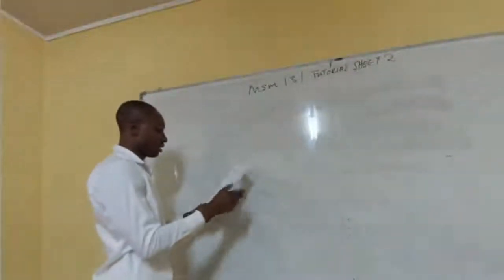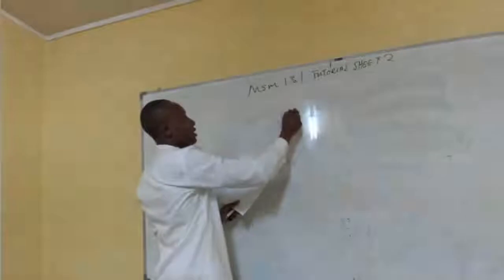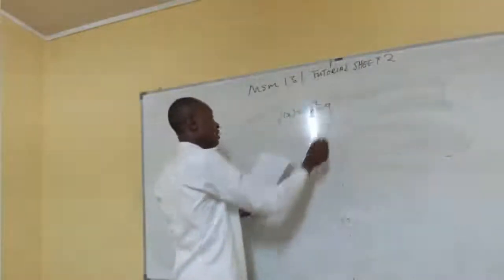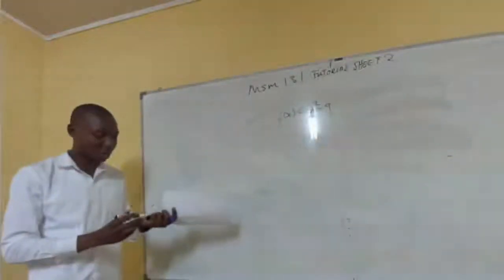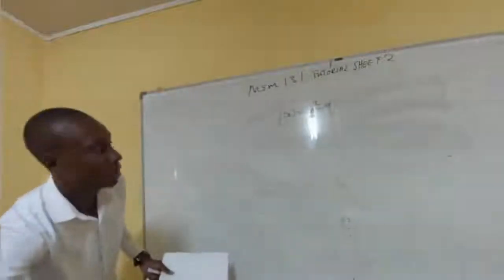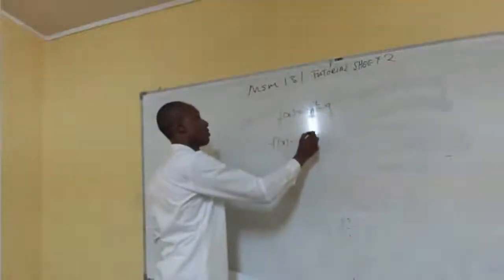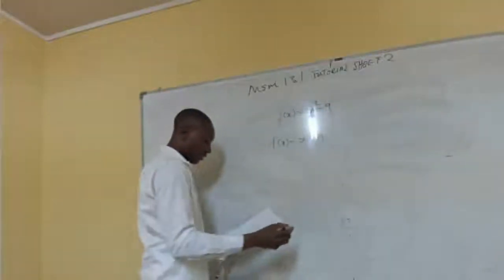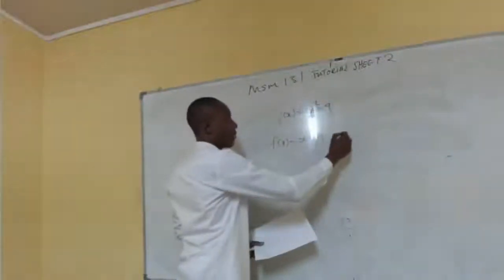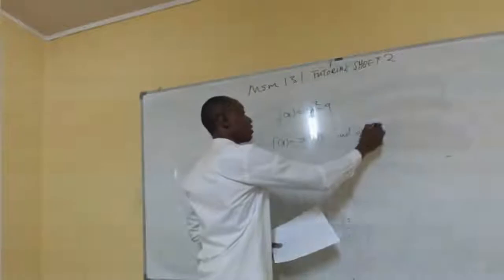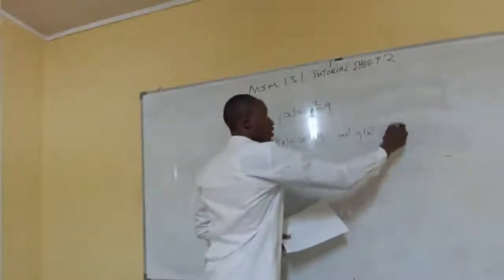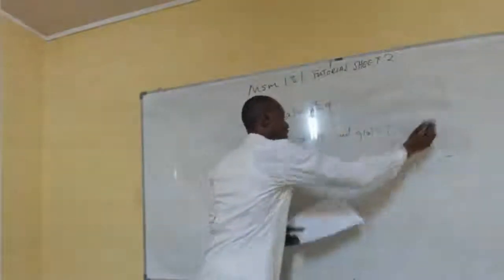The question I've been given is, if f of x is equal to x squared minus 9, and g of x is equal to root of 9 minus x squared.